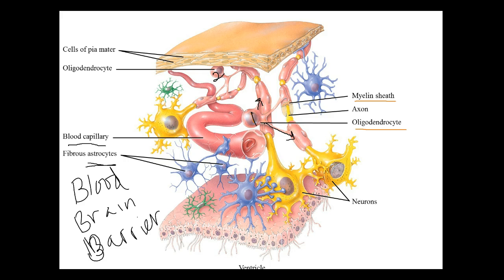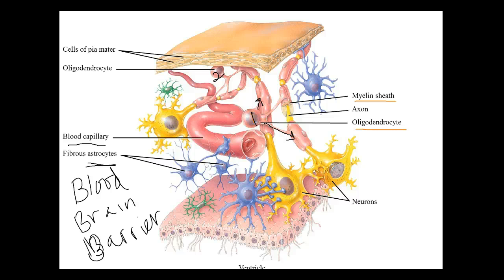Astrocytes will wrap around capillaries in the brain and help form the blood-brain barrier, or BBB. They help decide what will enter and exit the bloodstream. You can think of it as a doorman or a bouncer. They decide what goes in and out of the brain's capillaries.